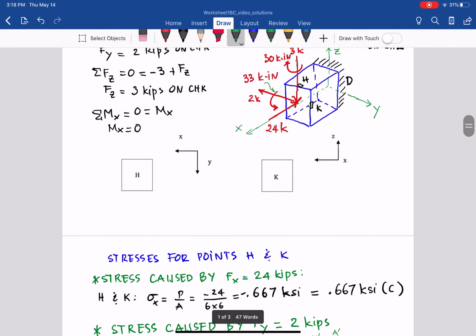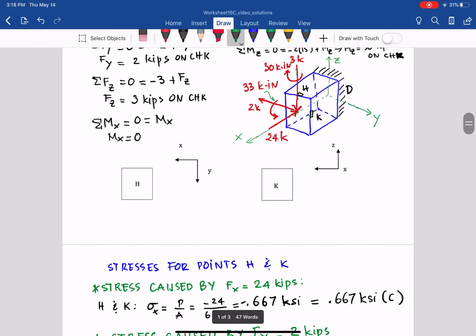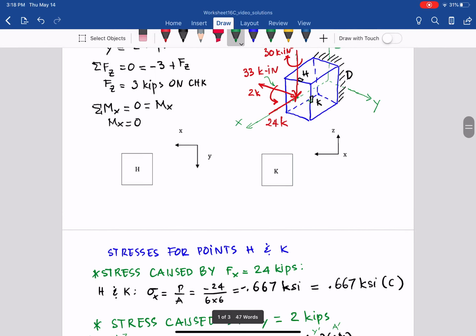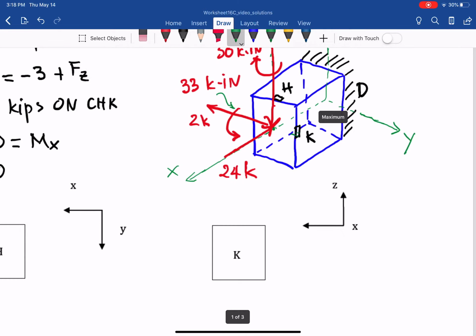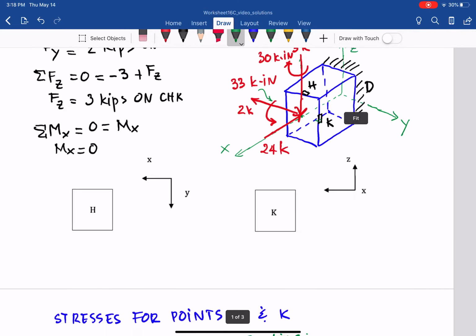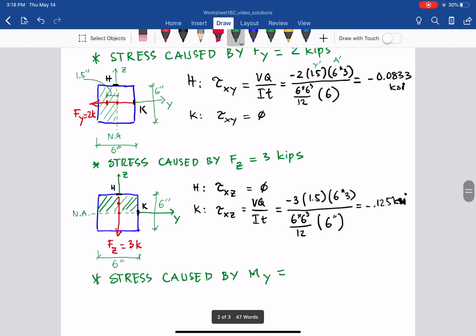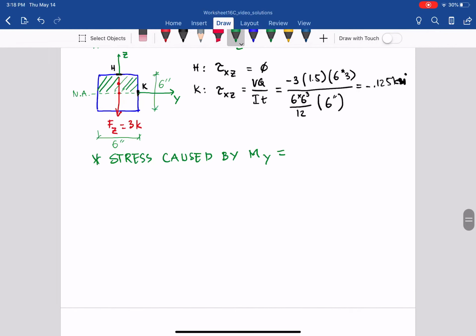My equals 33 kip-inch, and with that, as you can see, it is on the edge, so it will be maximum because it is at the outermost fiber, and K goes through the neutral axis, so no normal stress. So that one here, My 33 kip-inch. So we have at the edge, as I say, maximum.